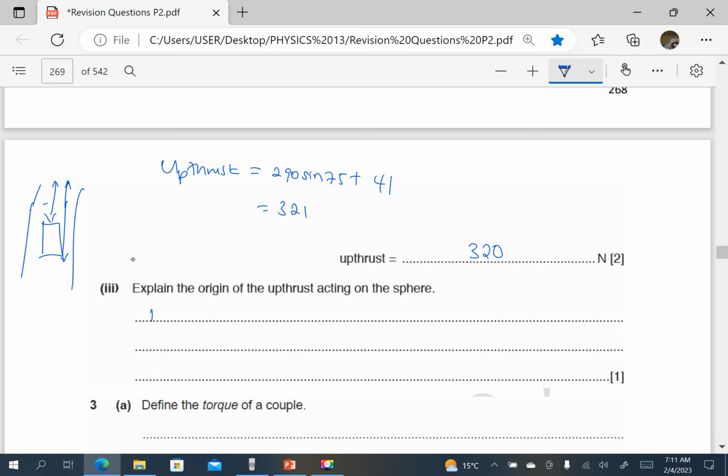So the pressure on the lower surface of the sphere is greater than the pressure on the upper surface.